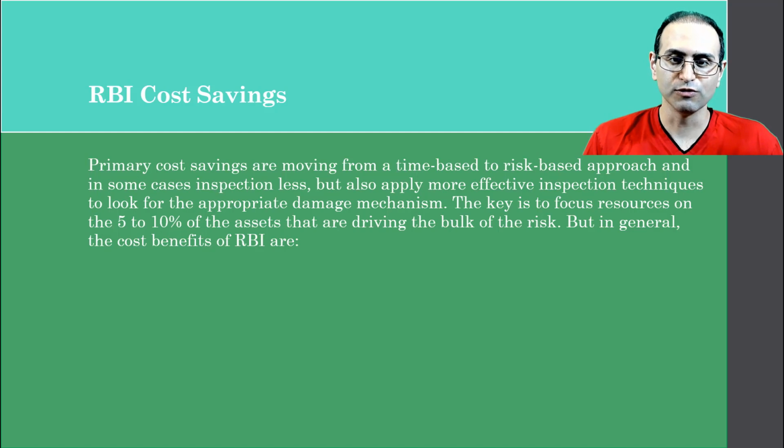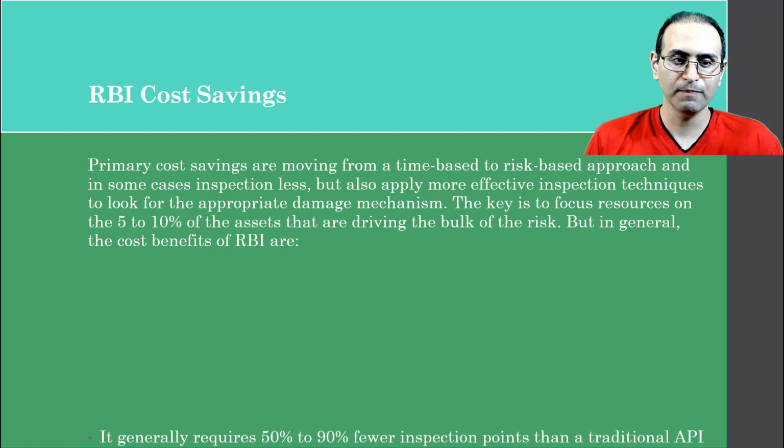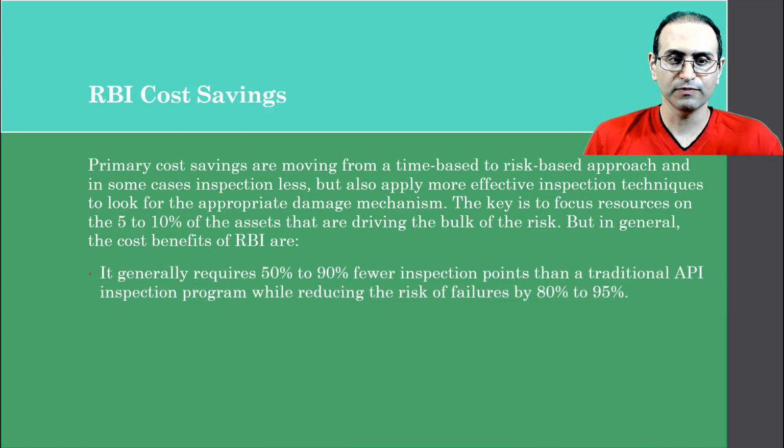The key is to focus resources on the 5 to 10% of the assets that are driving the bulk of the risk. In general, the cost benefits of RBI are that it generally requires 50 to 90% fewer inspection points than a traditional API inspection program, while reducing the risk of failure by 80 to 95%.